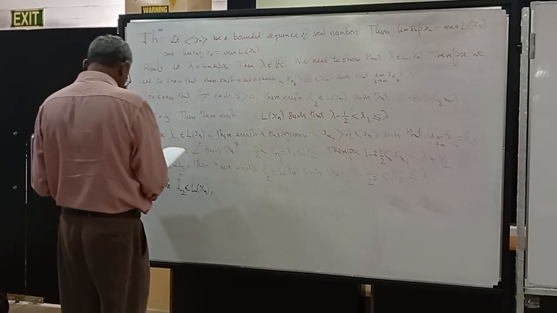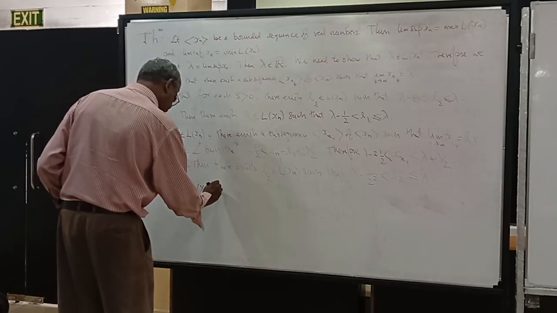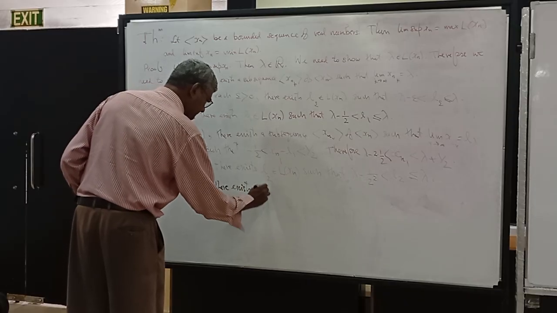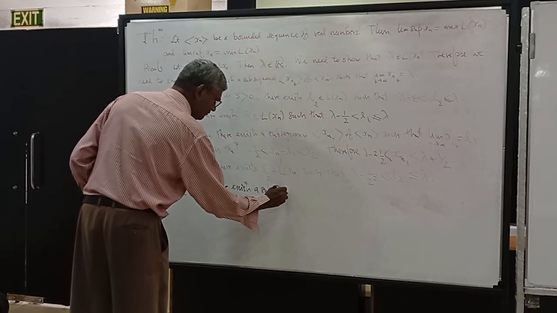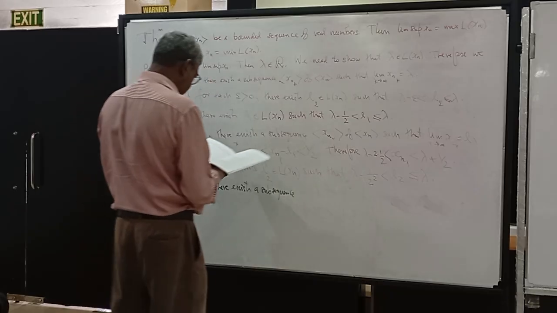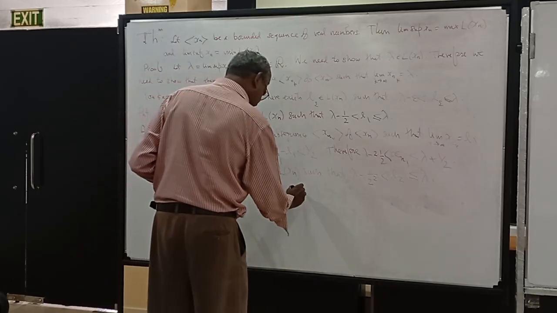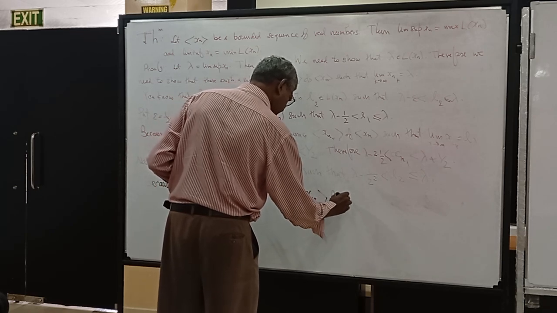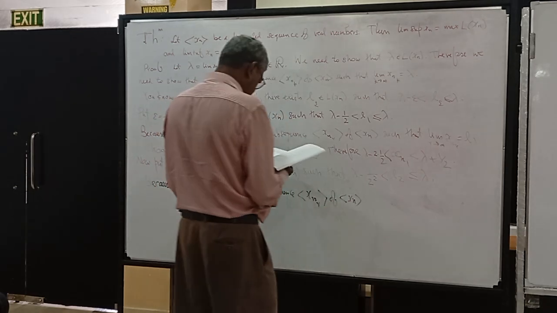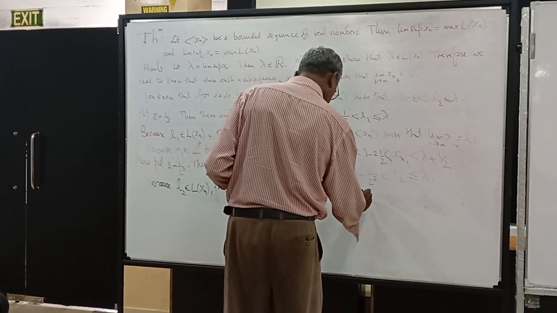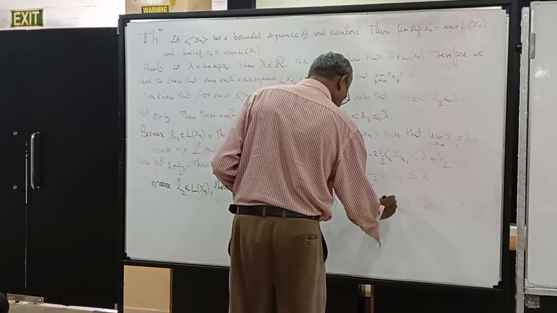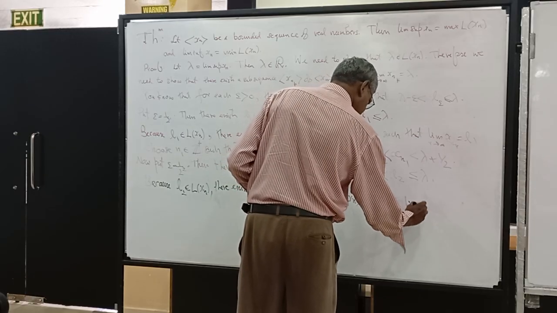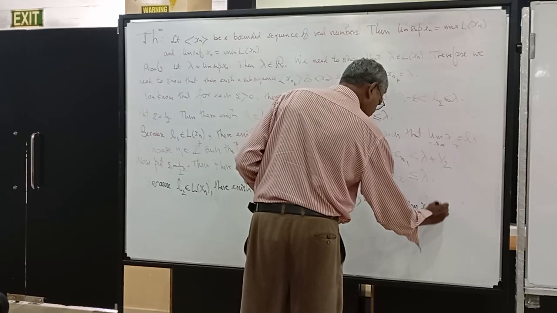There is a subsequence, again I have written xnr, it doesn't matter, a subsequence xnr of xn such that the limit as r tends to infinity of xnr is equal to L2.